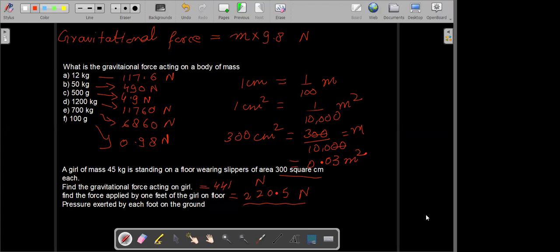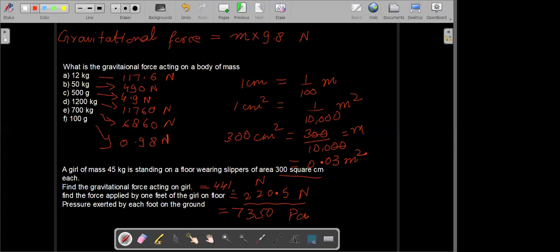Yeah, it's 7350 Pascal. The SI unit of pressure is Pascal. So it is 7350 Pascal.